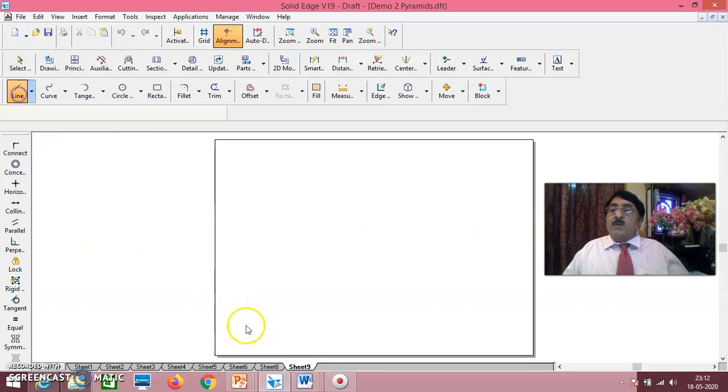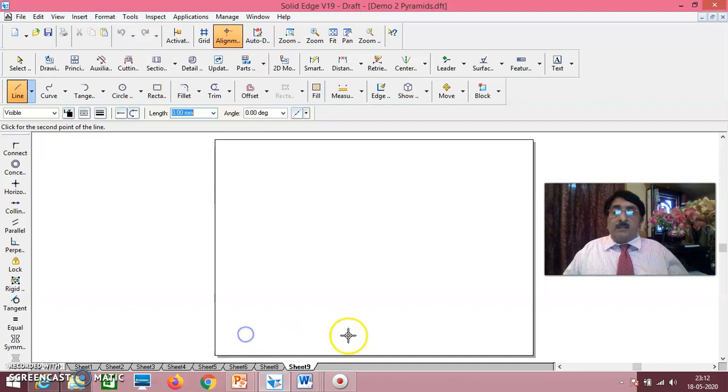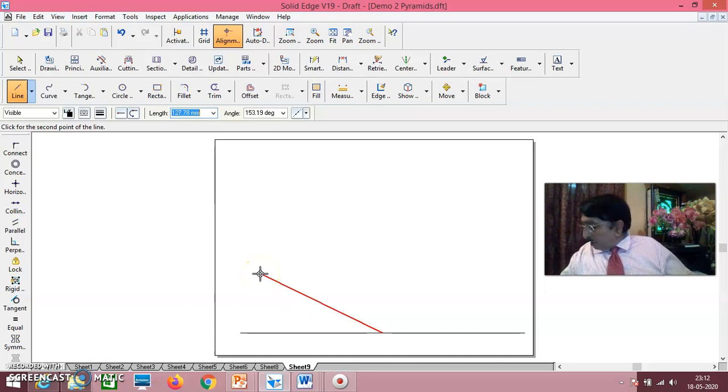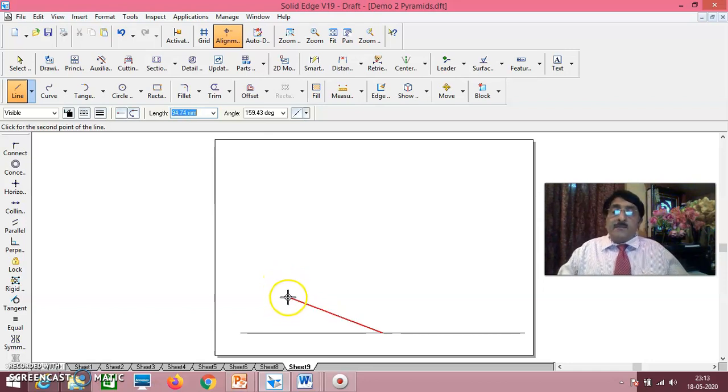Okay, now what we'll do, I'll draw one horizontal line here. Okay, this is, there is base solid of sides 80, 80, sides 80, and this is minus 180, I mean this is 150 you take.